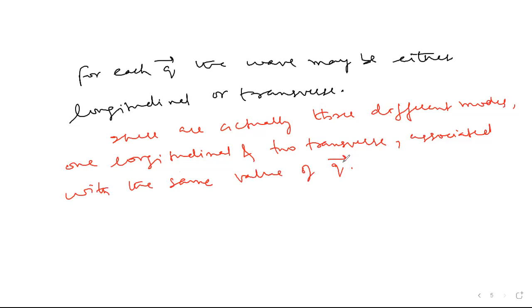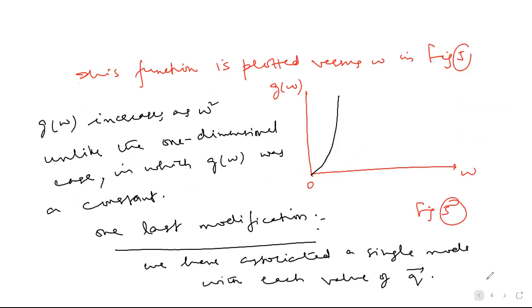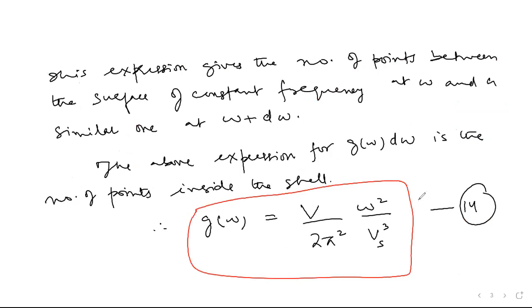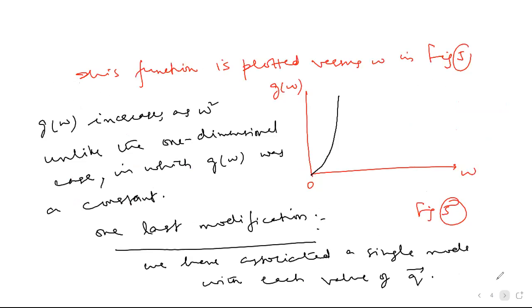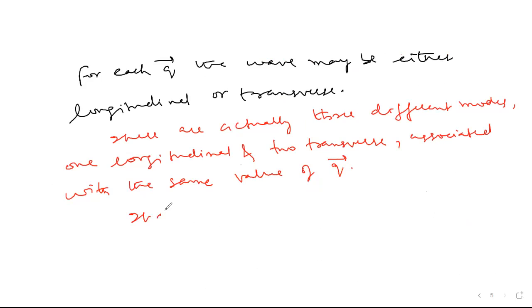But if we ignore this difference and assume a common velocity, we obtain the total density of states from equation 14 by simply multiplying it by a factor of 3. That is, g of omega is 3V by 2 pi square, omega square by Vs cubed.